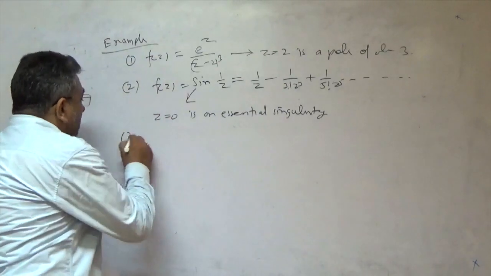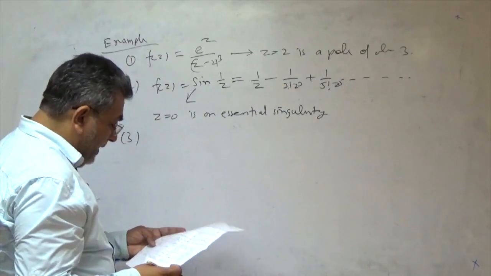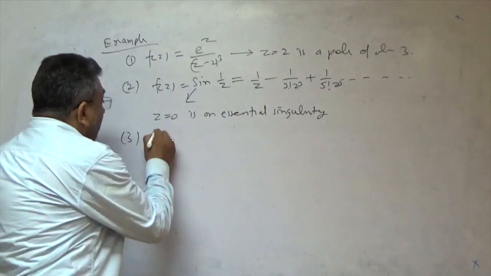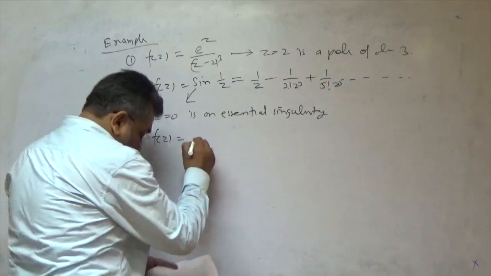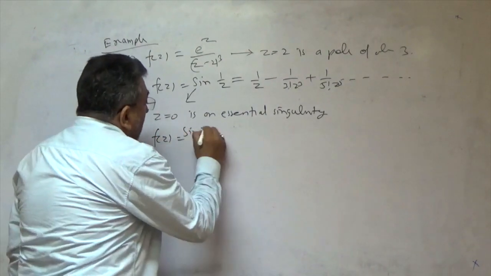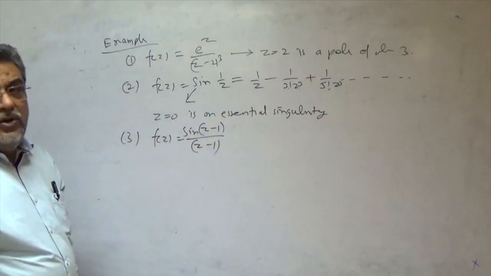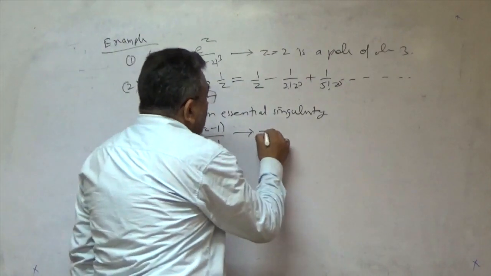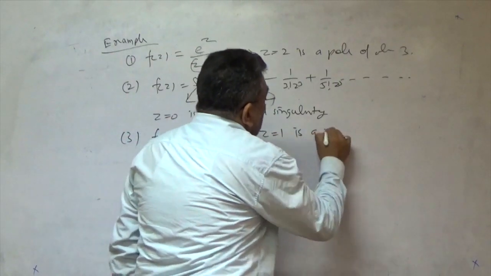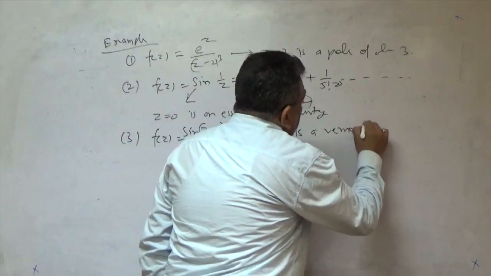And the third example, of a removable singularity, you can take f(z) equal to sine(z minus 1) upon z minus 1. So here we see that z equal to 1 is a removable singularity.